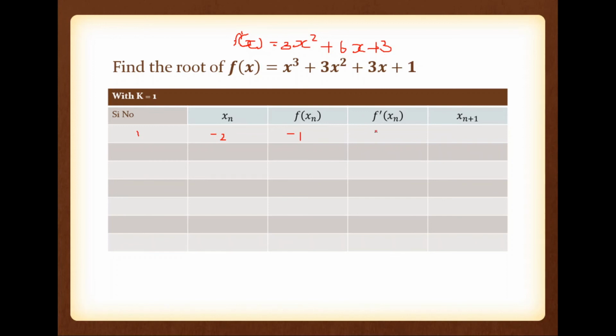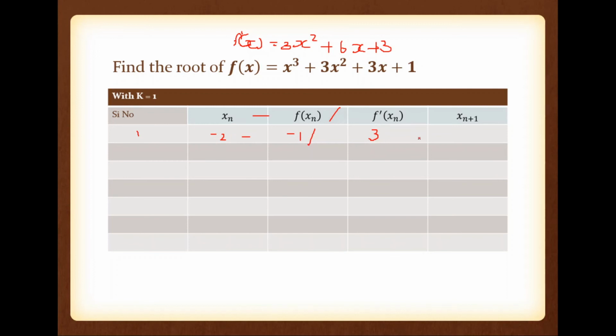That is 3. So if you are applying the regular Newton's method, what is x_{n+1}? Minus 2 minus (minus 1) divided by 3. Why? Because x_{n+1} is x_n minus f(x_n) divided by f'(x_n).